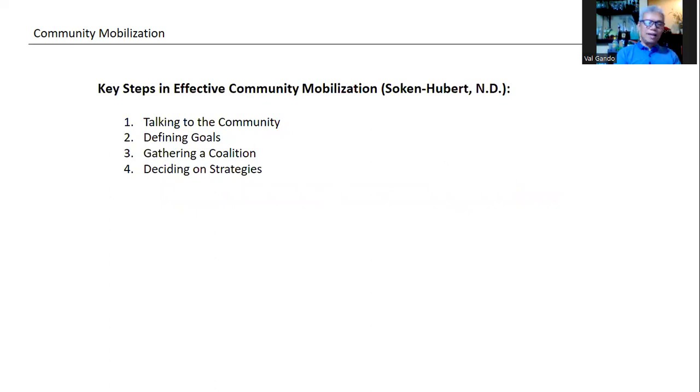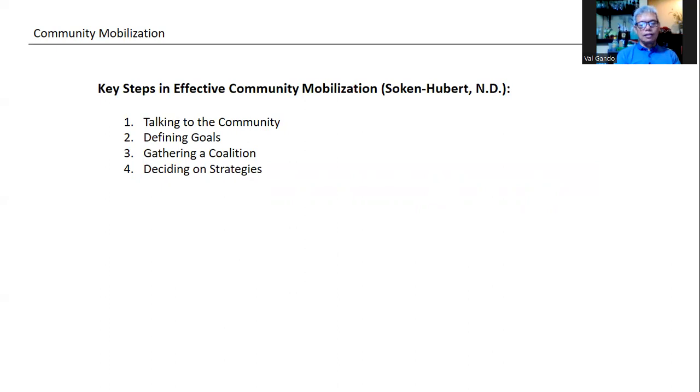The first main step of community mobilization is talking to the community, where the community mobilizer or leader establishes community communication for social problem construction, or for discussing a community issue or concern that needs to be addressed by means of community mobilization.